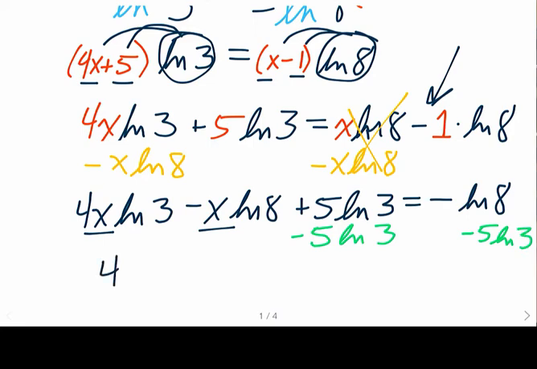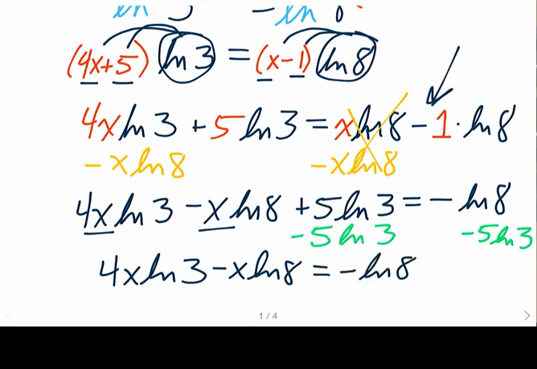So we have 4x times the natural log of 3 minus x times the natural log of 8 is equal to the negative natural log of 8 minus 5 times the natural log of 3. So this is like solving a linear equation in beginning algebra. We're subtracting terms to move them from one side to the other, with the goal of getting the x's all together.